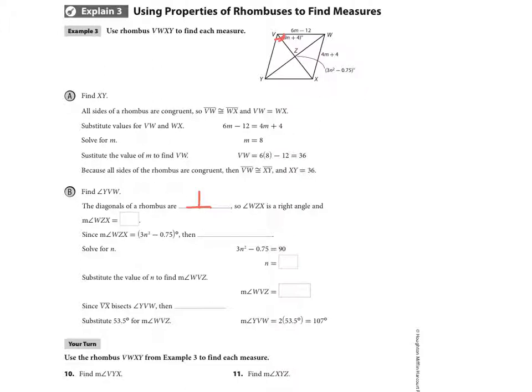So it says WZX is a right angle, okay, right here. That's a right angle. All those are right angles. And so the measure of WZX equals 90 degrees.